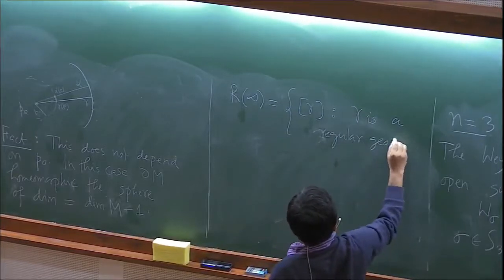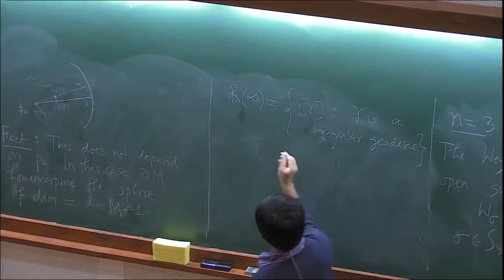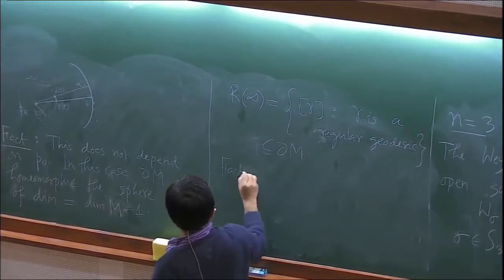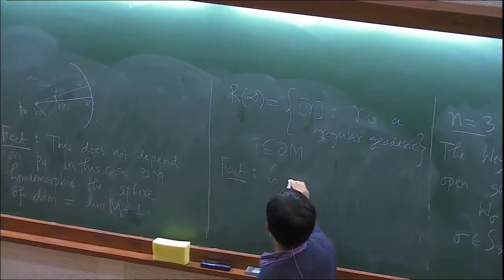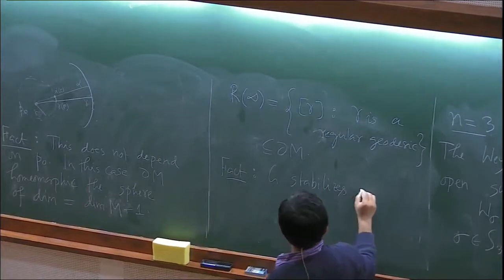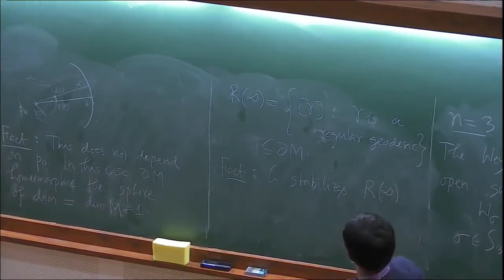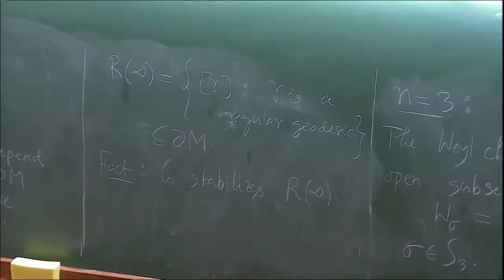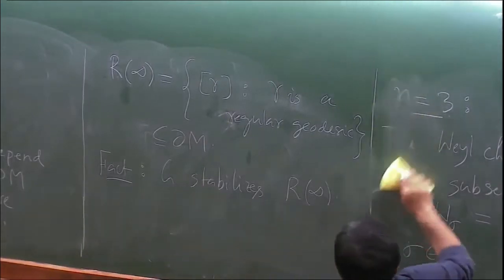This is a subset of partial M, and it's clear that G stabilizes R infinity. If I take any regular geodesic ray and hit it by some isometry, then again it will be some regular geodesic. So this is a G-stable subset of partial M. Okay. Next I wanted to define what is called the Furstenberg boundary of these symmetric spaces.